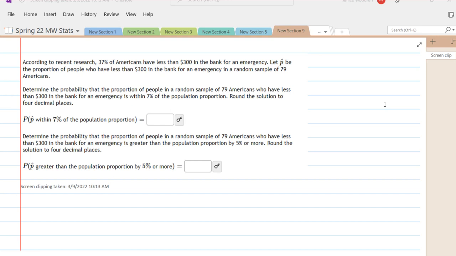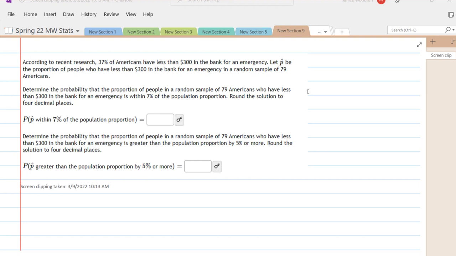Determine the probability that the proportion of people in a random sample of 79 Americans, I hate how they keep repeating the sentences, who have less than $300 in the bank for an emergency, is within 7% of the population proportion. And then we'll do another one.